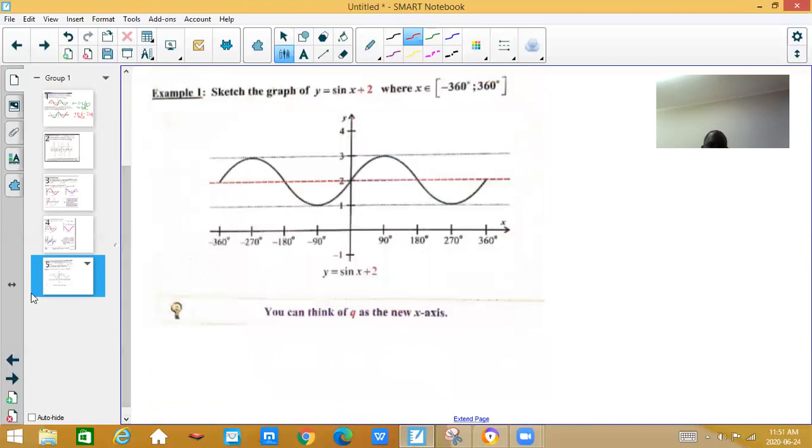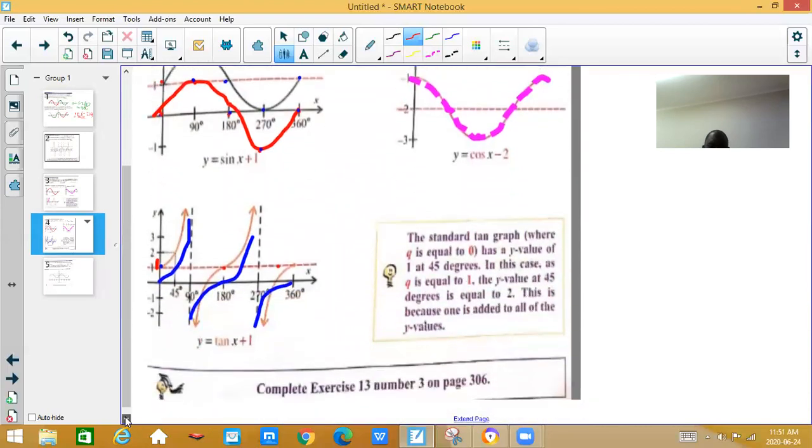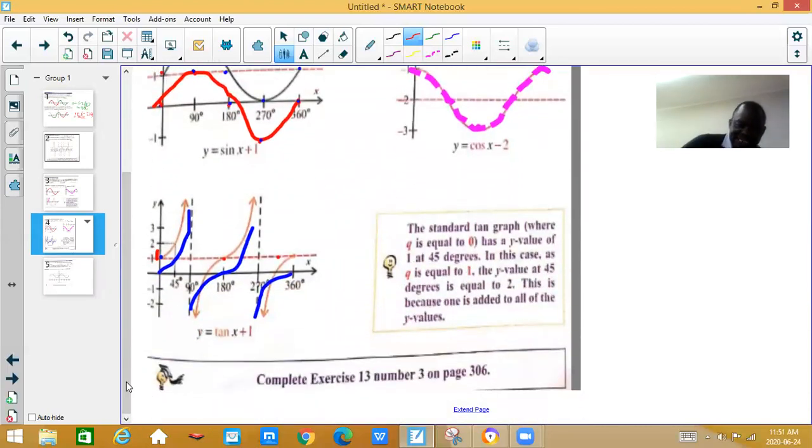Now, with this one in mind, because this is a revision of what you were given some time past, I want you to attempt this exercise, exercise 13, number 3 on page 366.